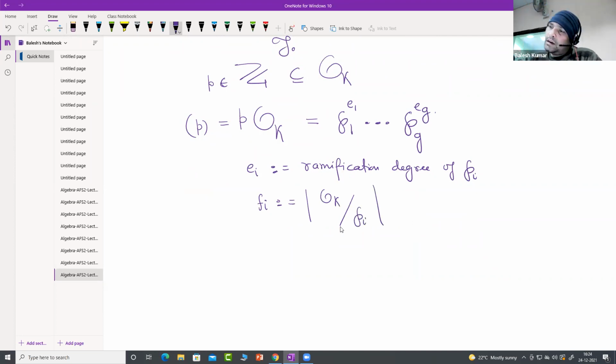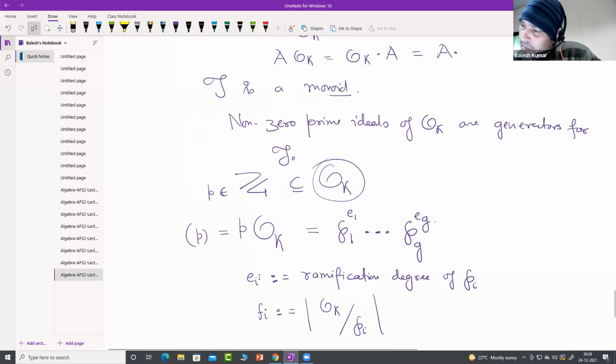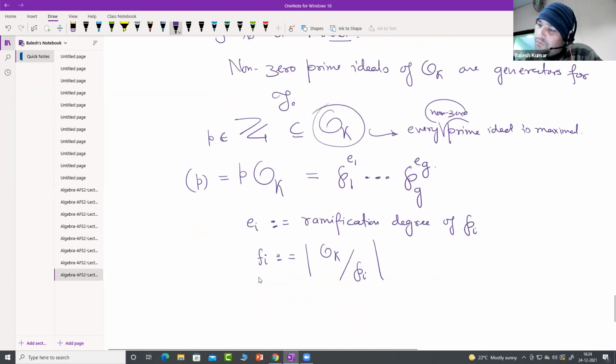It turns out that the ring of algebraic integers OK is a Dedekind domain, and so every non-zero prime ideal is maximal. Therefore the quotient OK mod Pi will be a field, and it turns out to be a finite field, so its cardinality is finite.